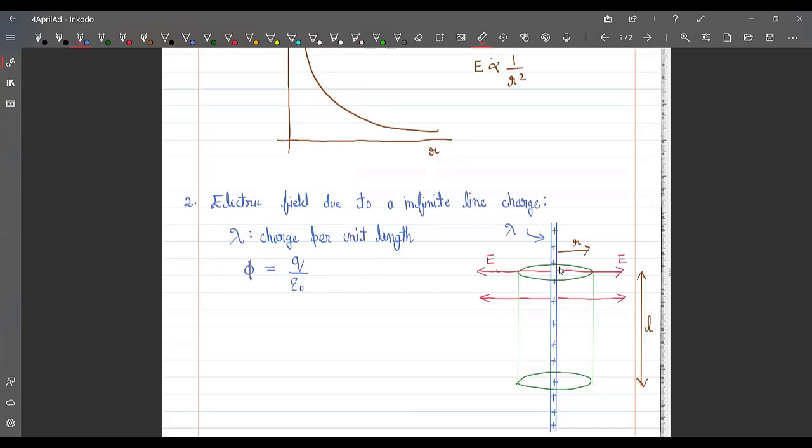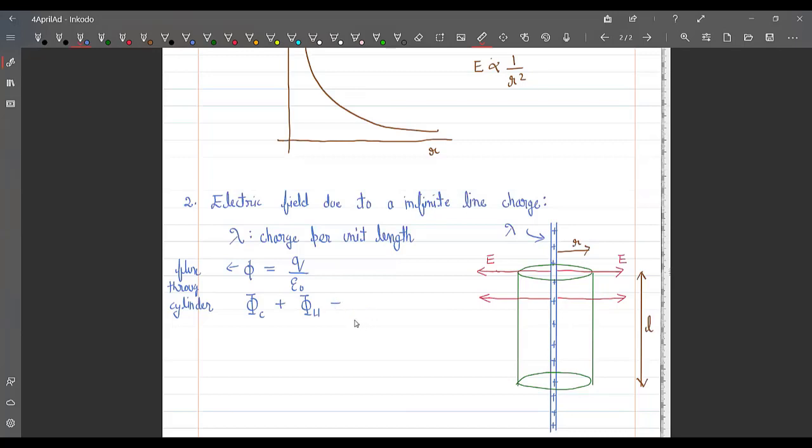Now see, flux through the cylinder will depend on three fluxes. Flux through this curved surface, let me call this flux through the curved surface, then flux through lid 1 and flux through lid 2.